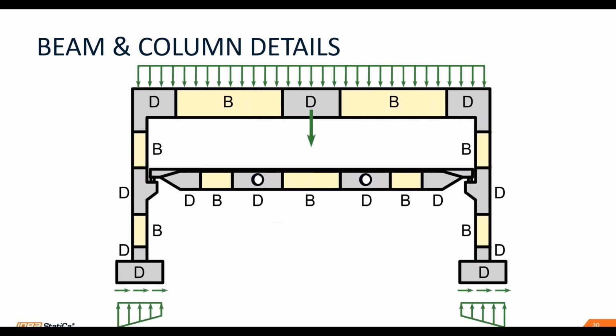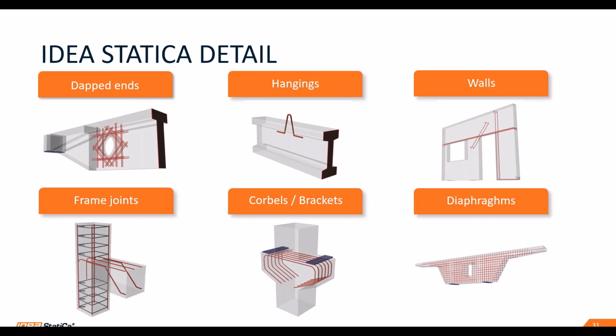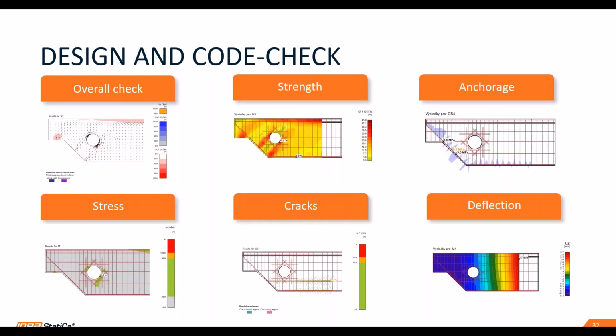Next slide, please. Again, like we talked about, this can be used on members: member openings, frame joints, corbels, walls with openings. Really any type of concrete member design, focusing on the details.